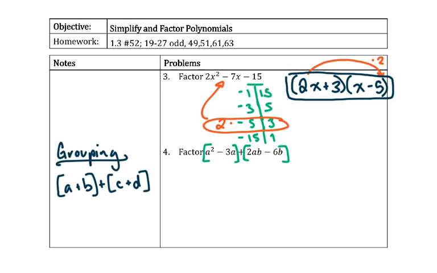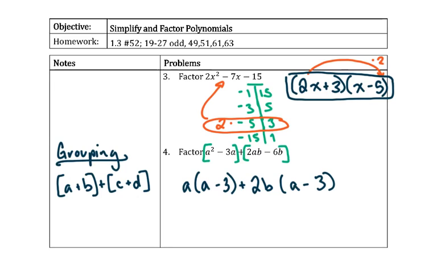So if I'm thinking about a squared minus 3a, an a would factor out of both, leaving a minus 3. So that's the factor of this first set. Plus, if I've got 2ab minus 6b, I can factor a 2 from both 2 and 6, and I can factor a b from both terms, leaving a minus 3.